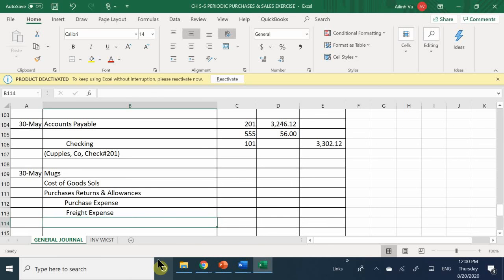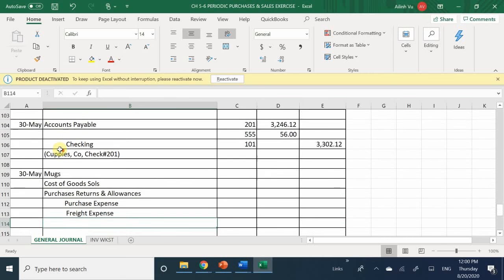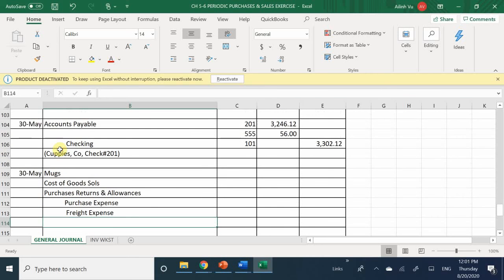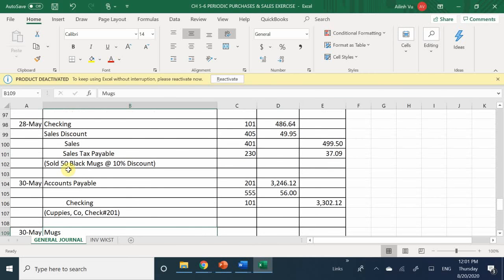And then what else do we need to incur? Oh, ending inventory. We have ending inventory. Did we have beginning inventory? We didn't this time, but we do now have an ending for the next time. Hold on.